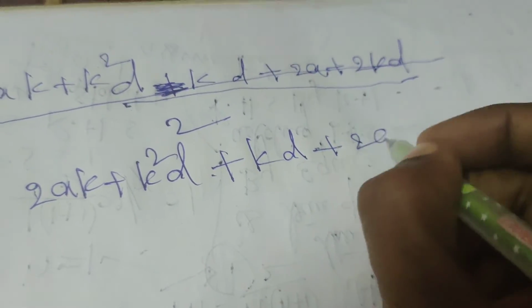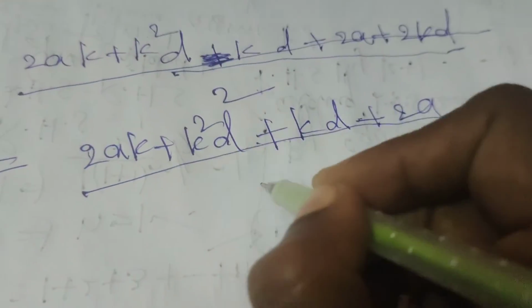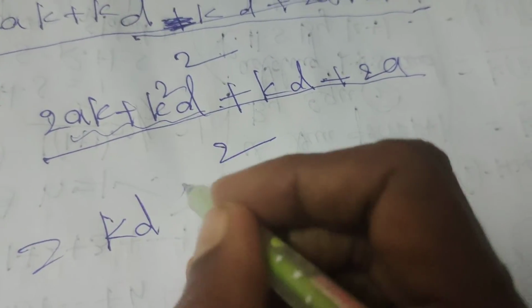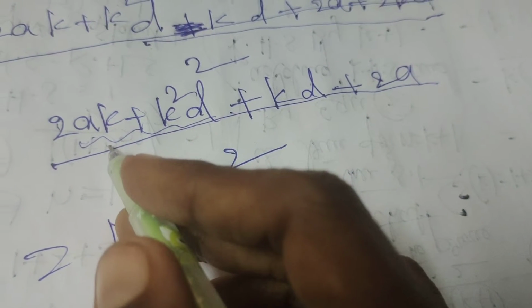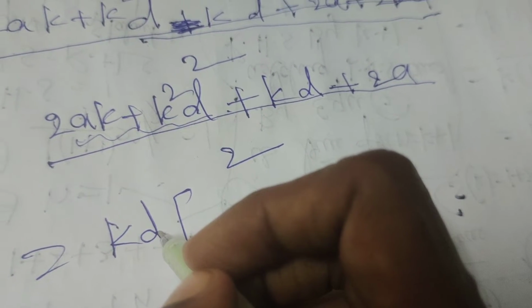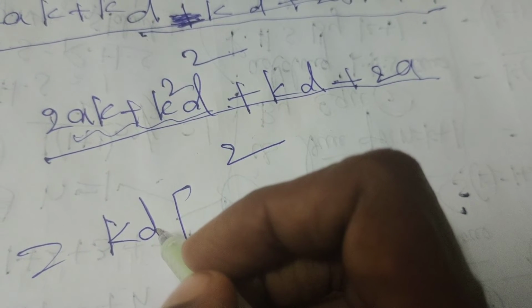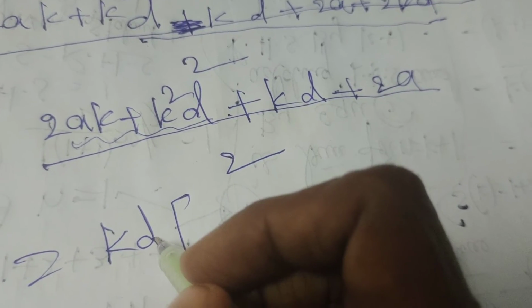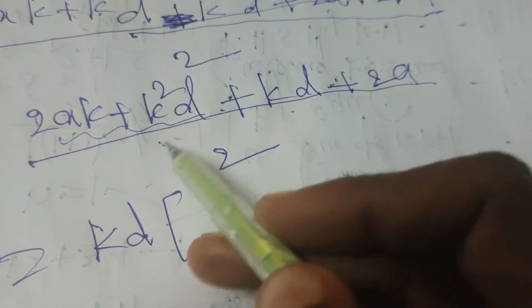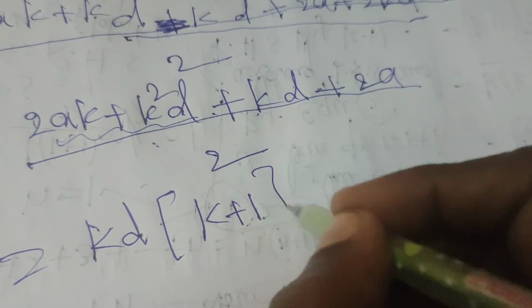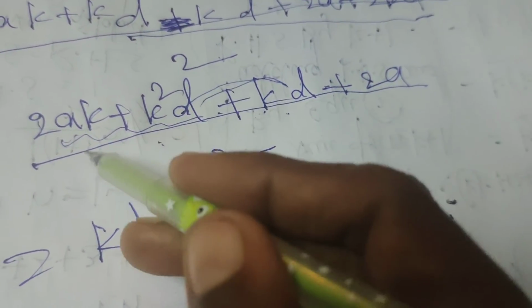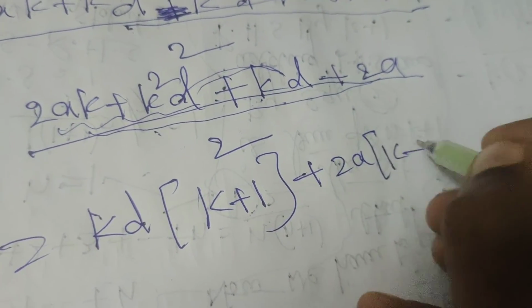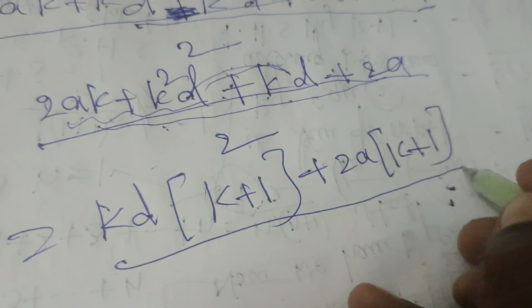Plus 2a by 2. Here, in between two terms, kd into k is k square d, and kd into k plus 1 comes from the two terms, and from the other two terms plus 2a into k plus 1, by 2.